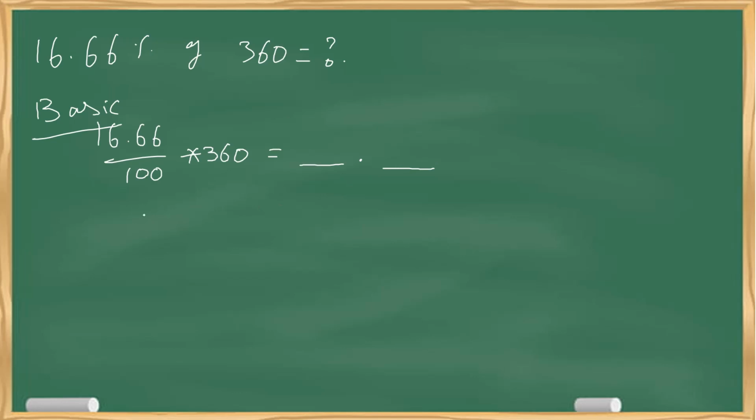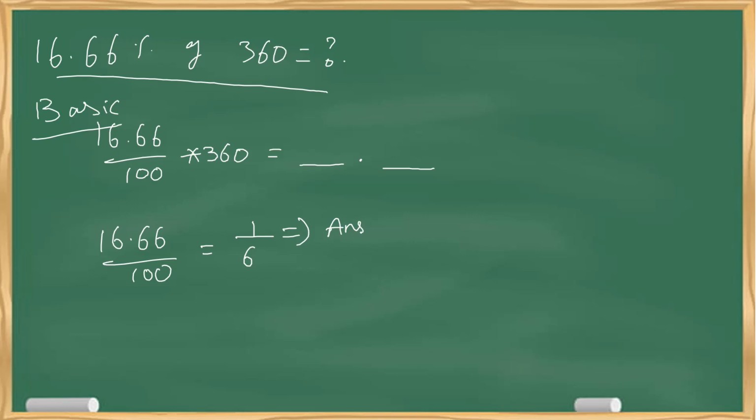But the actual answer for this question is not a decimal value. Why? Because 16.66 by 100 can be written as 1 by 6. So the answer is 1 by 6 into 360, that is equal to 60. But when you solve the other way, you will get 59 point something, which is not the actual answer, 60.